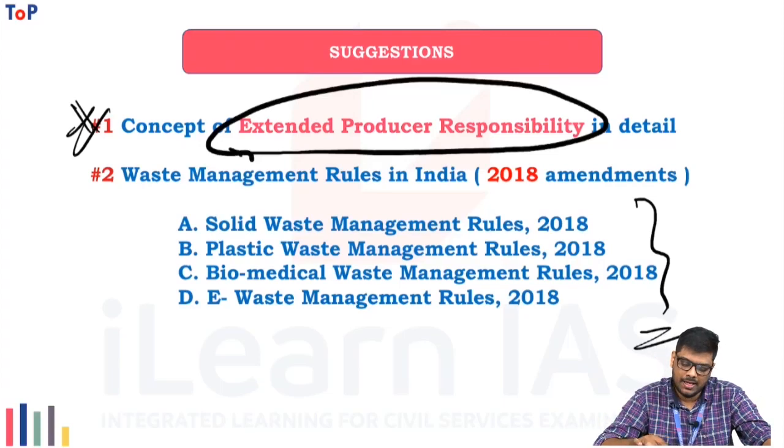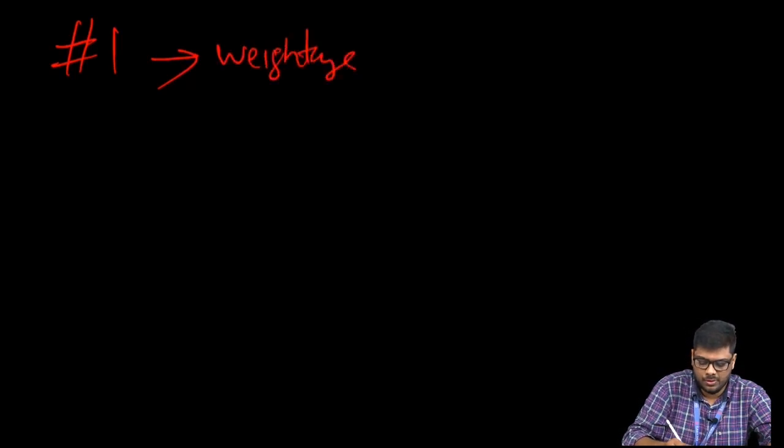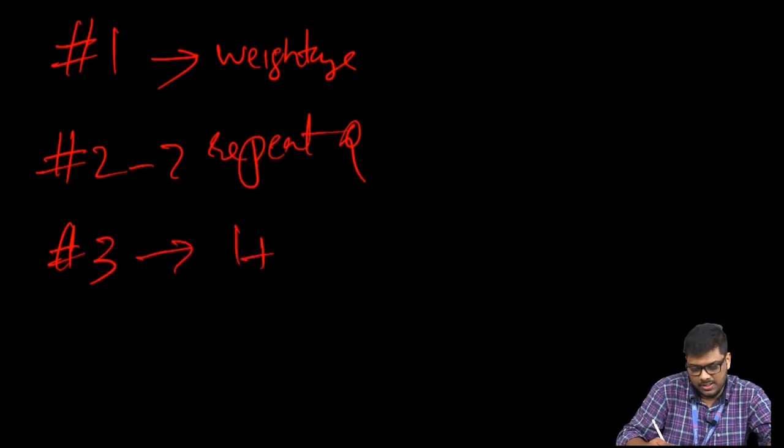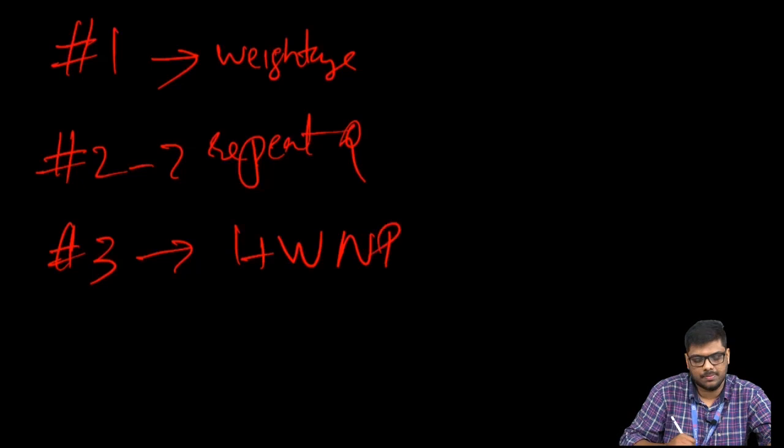So let me sum up the entire takeaways again. If you remember it, please tell it. Takeaway number 1 was regarding the weightage. Takeaway number 2 was regarding the very repetitive nature of questions. Takeaway number 3 was regarding the selected set of heavyweight national parks or protected areas.